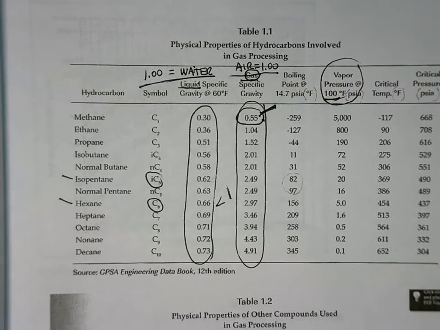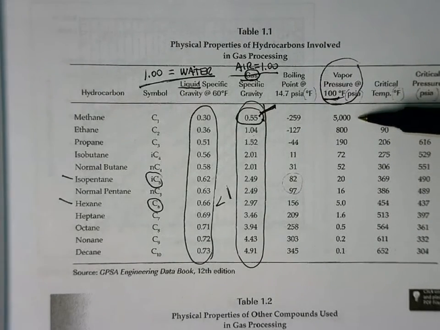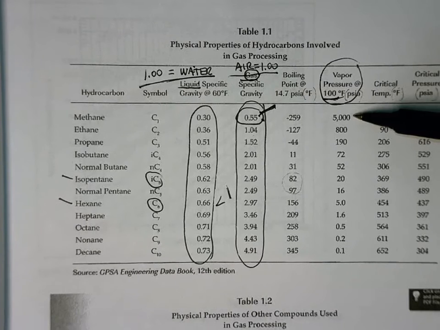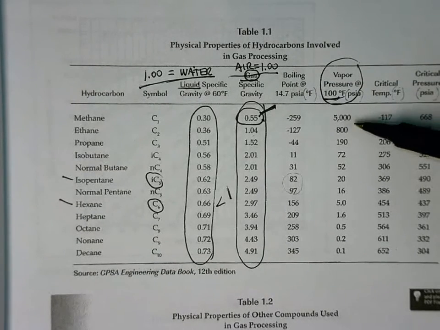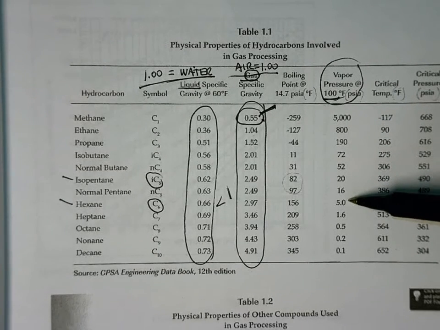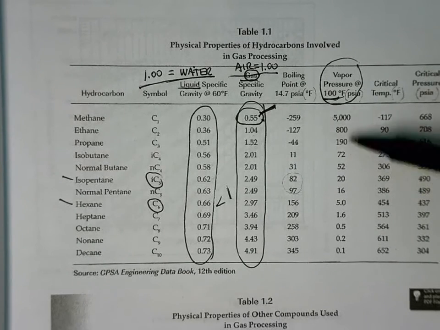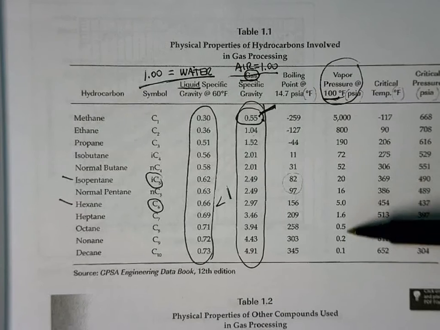So you need to be sure you understand how vapor pressure is related to the size of the molecule. The smaller the molecule, the more volatile it is. It means it can evaporate easier, so it's going to have more molecules in the vapor form. And the bigger the molecule, the harder it is for it to vaporize or evaporate. It's less volatile. It's going to have fewer molecules in the vapor form at a given temperature. These are all at 100 degrees.